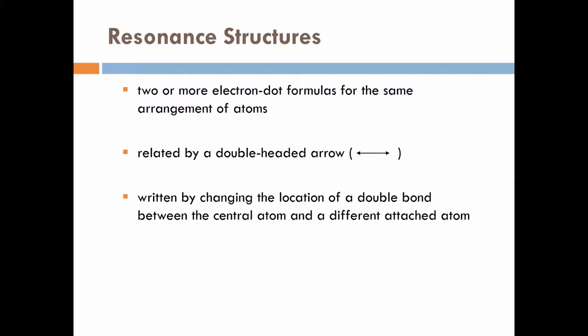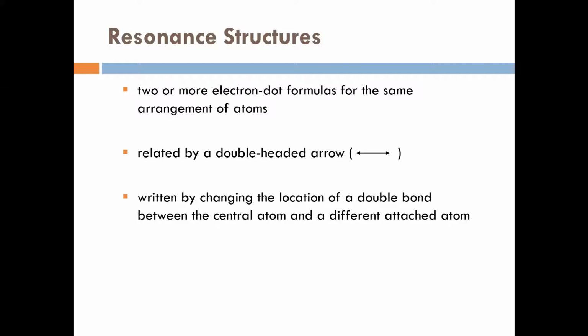There are some cases in which we have what we call a resonance structure. And these are special incidences which we'll see with double bonds. And it's the fact that the double bond can be formed in 1 or more atoms, and sometimes they switch spots between the atoms. And so it's just a rotating location of where that double bond is.